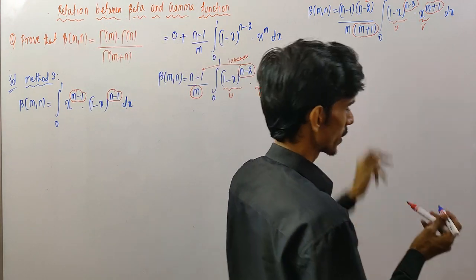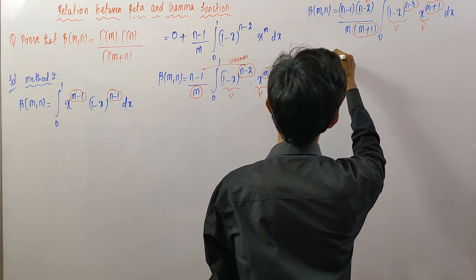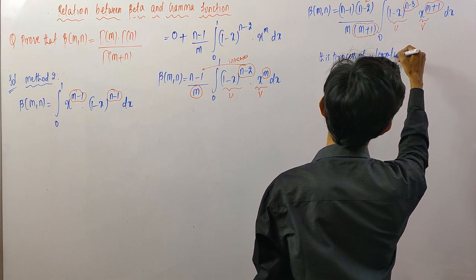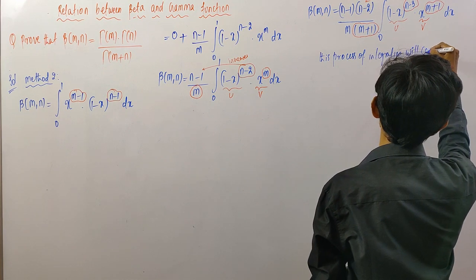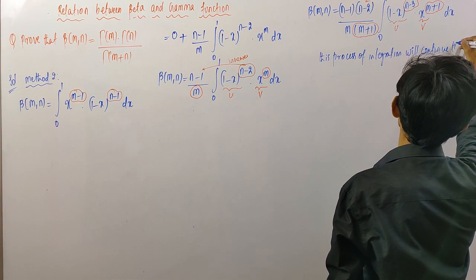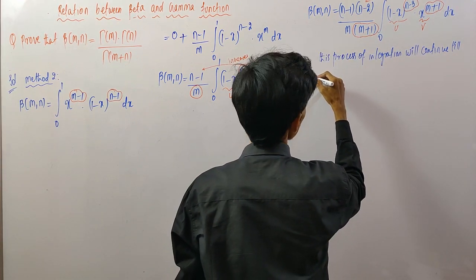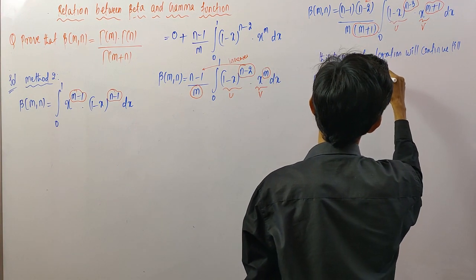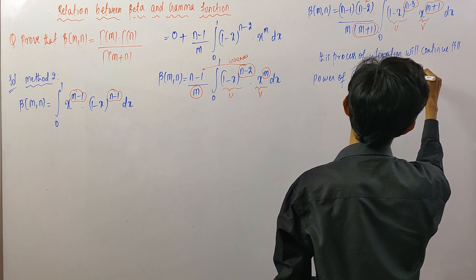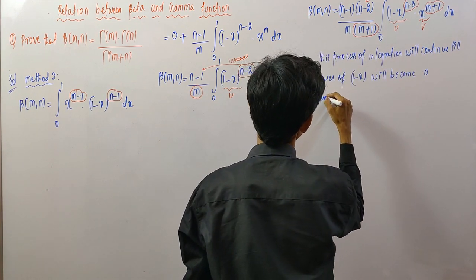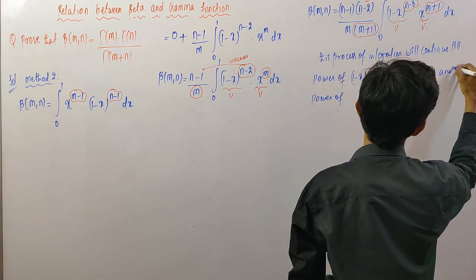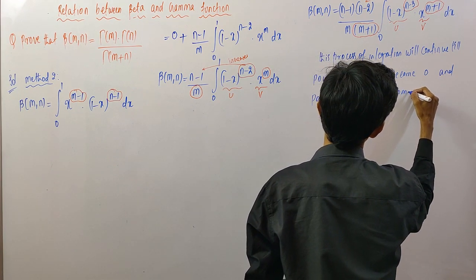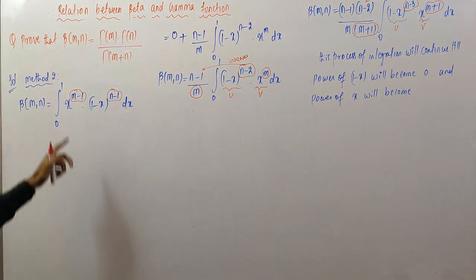Now the process of this integration will continue till the power of this term (1 minus x) will become 0 and the power of this term x will become the highest power of this function.